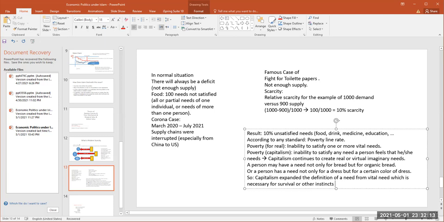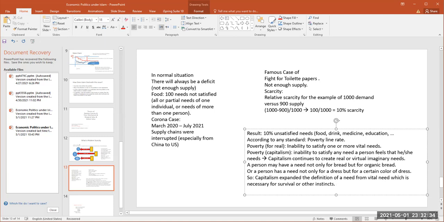So those are the actual needs for a human. They expanded that from those vital needs to needs which can be created all the time.